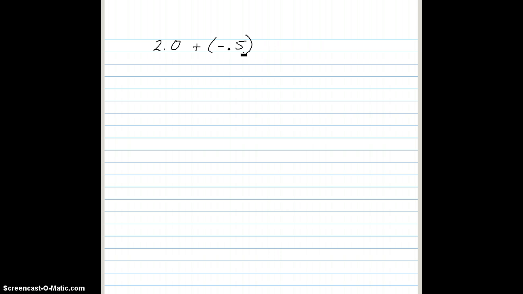So this negative number and this 2, because one is negative and one is positive, I'm essentially subtracting. So if I take 2 and I subtract a half, I end up with 1.5. And then I look at the signs. I say, well, I've got two opposite signs. I subtract the two numbers, and I give the resulting number the sign of the biggest one, in this case 2. So that's how I add signed numbers.